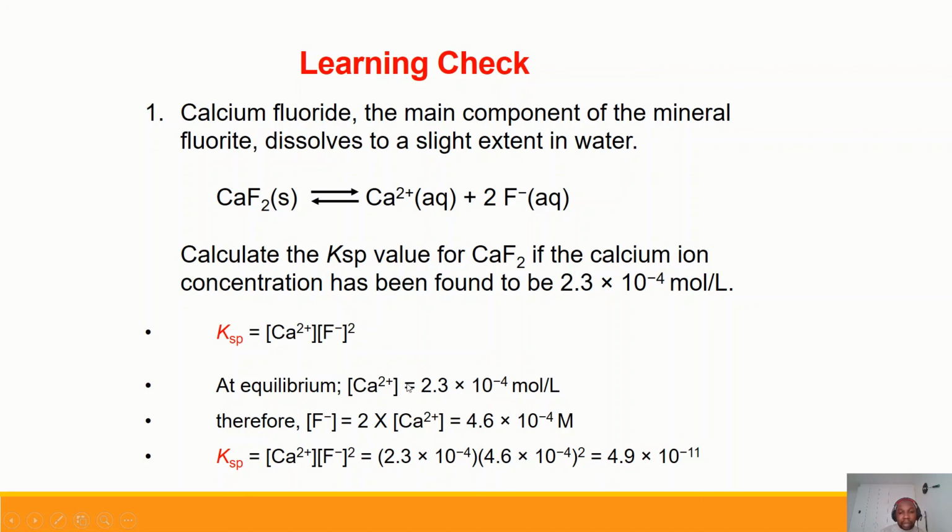So at equilibrium, Ca2+ is this. Remember that the two of them don't have the same concentration, because of the coefficient you're going to multiply the concentration of this by 2 to give you F minus. After that, you can multiply the two of them together to give you your KSP.